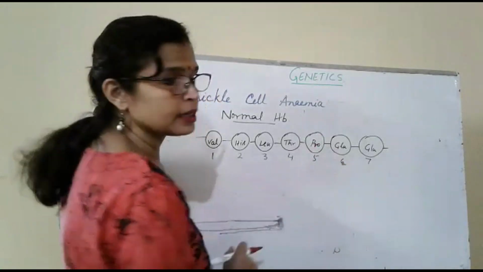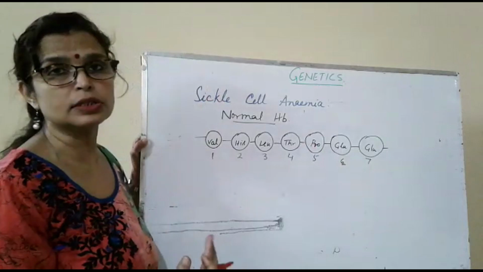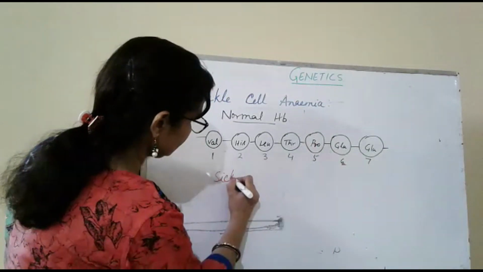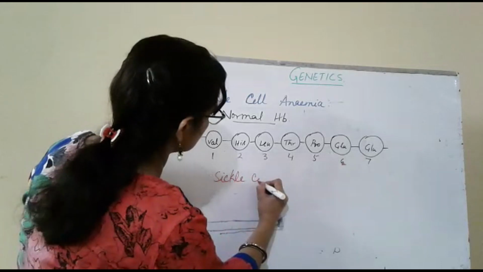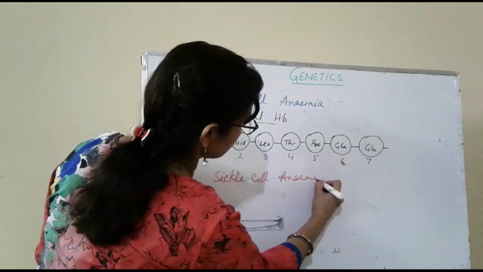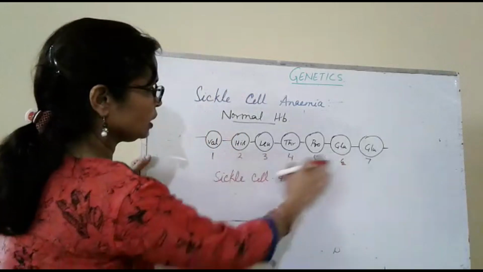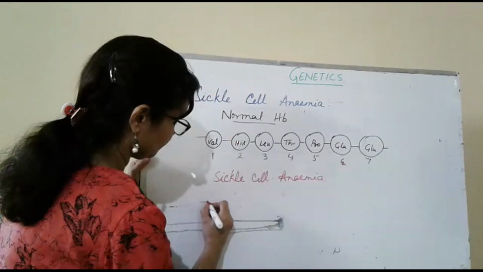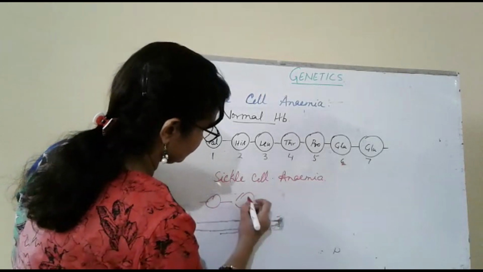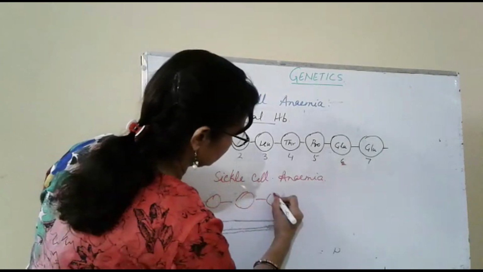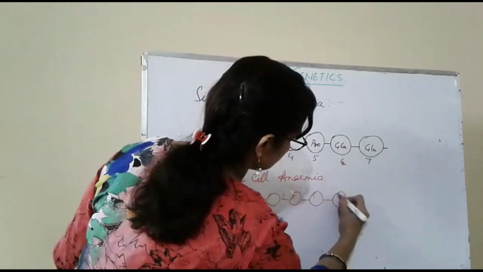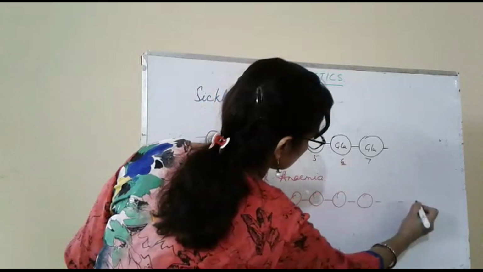This glutamic acid is replaced in sickle cell anemia. In sickle cell anemia, all the sequence is the same: valine, 1, 2, 3, 4, 5, 6, 7 and so on.